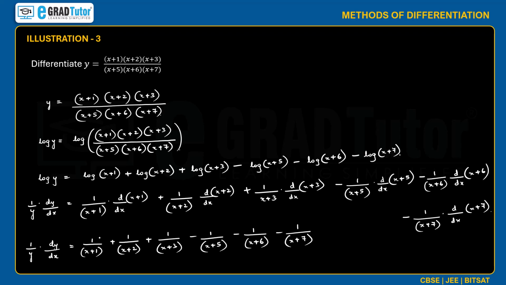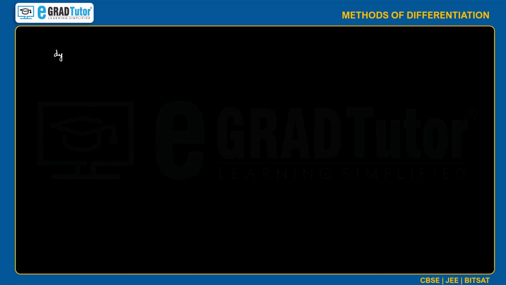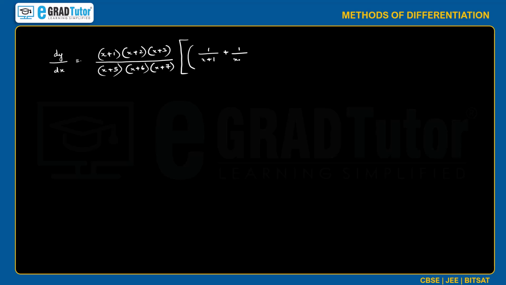Now take y to the right hand side. dy by dx will be nothing but x plus 1 into x plus 2 into x plus 3 by x plus 5 into x plus 6 into x plus 7, into 1 by x plus 1 plus 1 by x plus 2 plus 1 by x plus 3 minus 1 by x plus 5 minus 1 by x plus 6 minus 1 by x plus 7. This is the final answer.